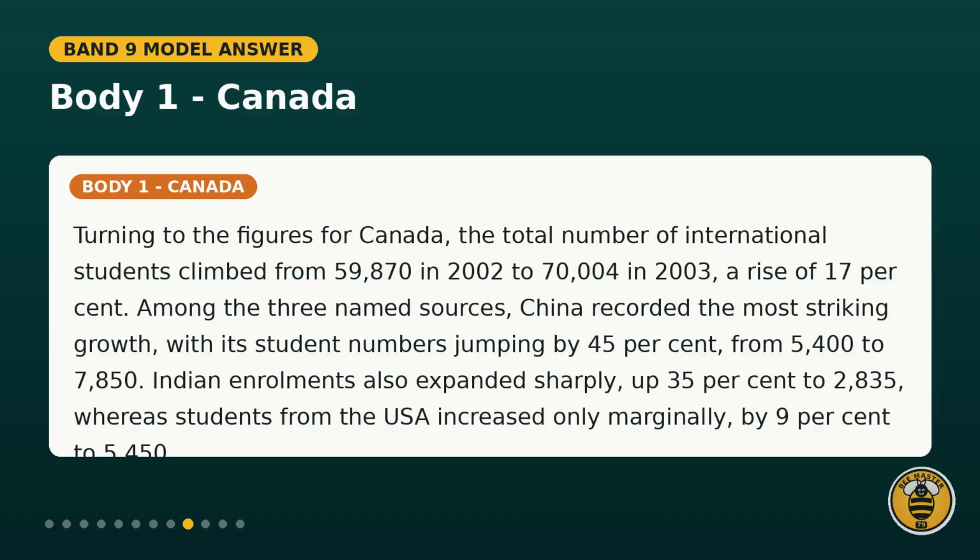Among the three named sources, China recorded the most striking growth, with its student numbers jumping by 45% from 5,400 to 7,850. Indian enrollments also expanded sharply, up 35% to 2,835, whereas students from the USA increased only marginally by 9% to 5,450.